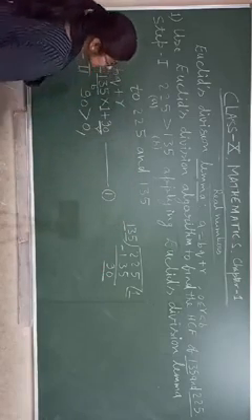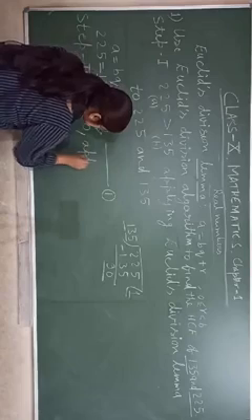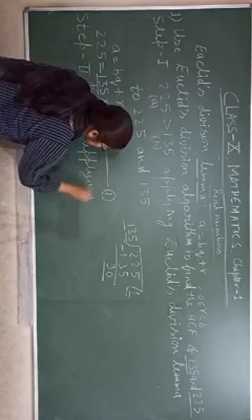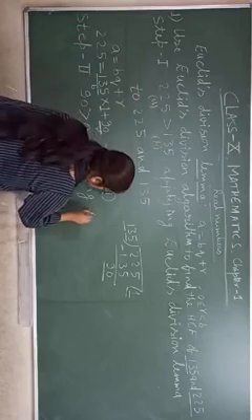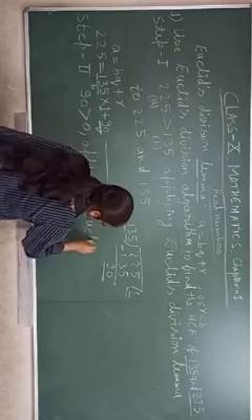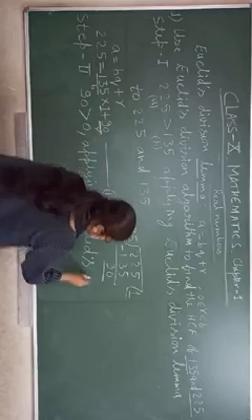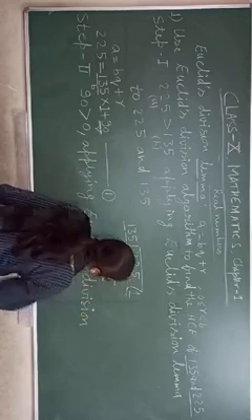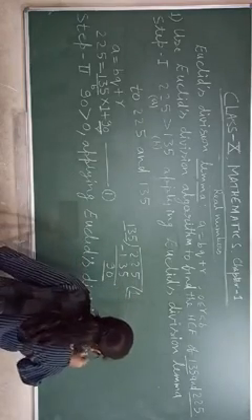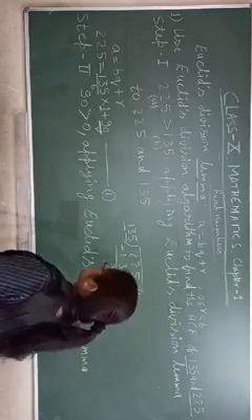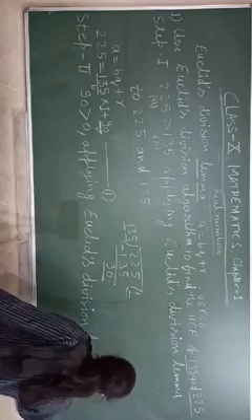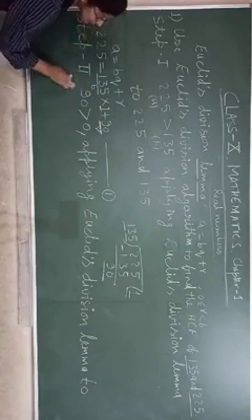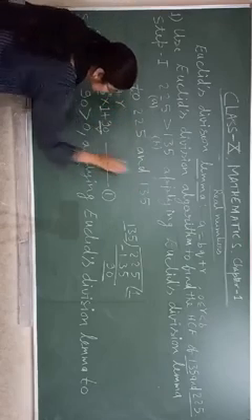So what will we write? Applying Euclid's division lemma to, in the first case we had 225 and 135.